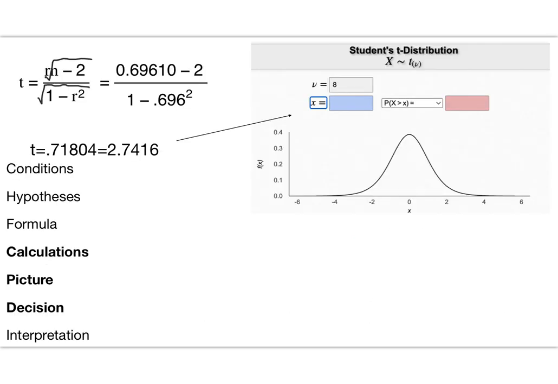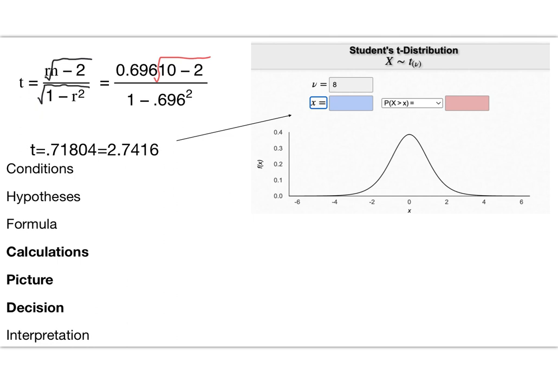But if we plug these numbers in over here on the left, my square root symbol disappeared. There's a square root sign right there. There we go. 0.696 times the square root of 10 minus 2. There were 10 pairs of data. Right?